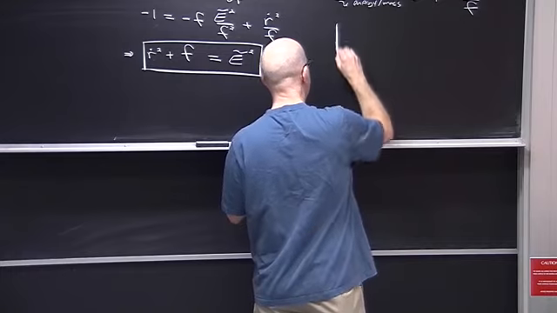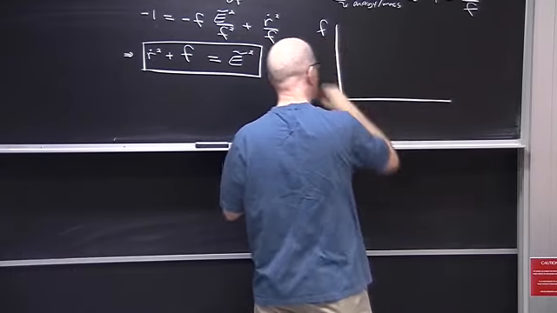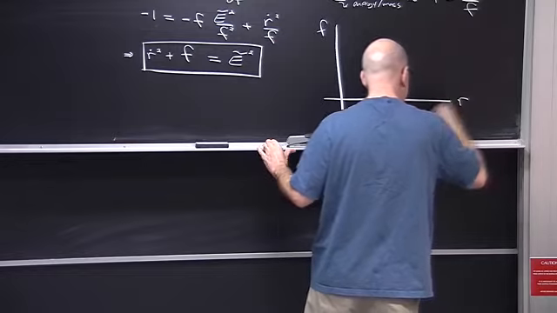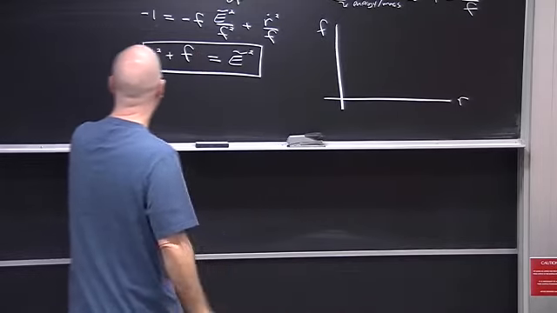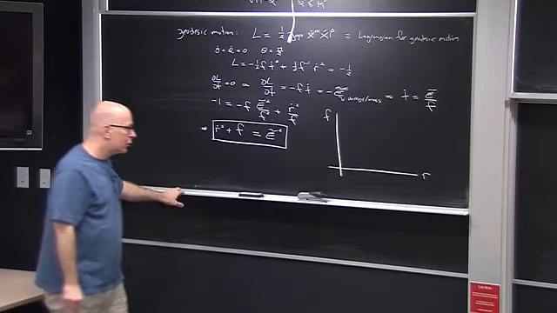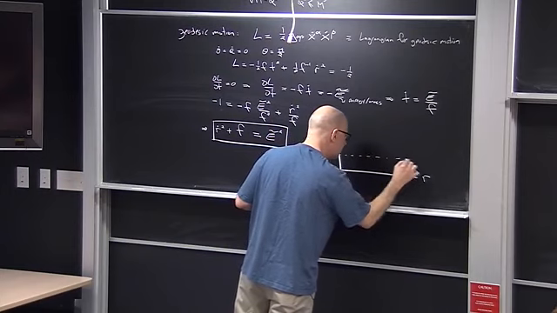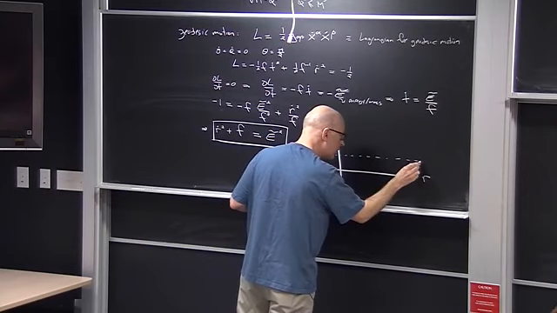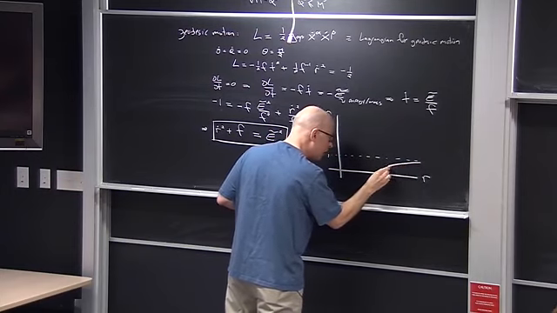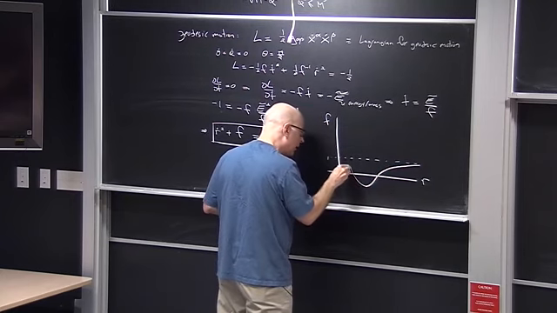So if I do that, if I plot the potential energy, meaning I plot f as a function of r, well, I look at my f up here, and I know that it's going to change sign twice. So it's going to start from an asymptotic value of 1 at infinity, and it's going to decrease from that. It's going to cross 0 once, but it's going to cross 0 again.